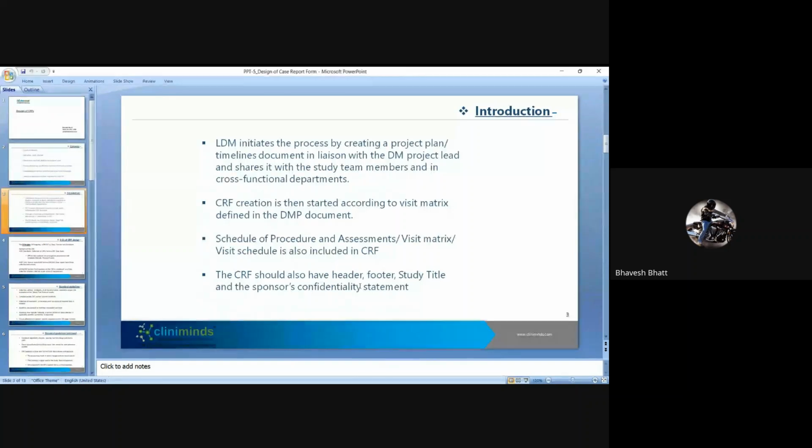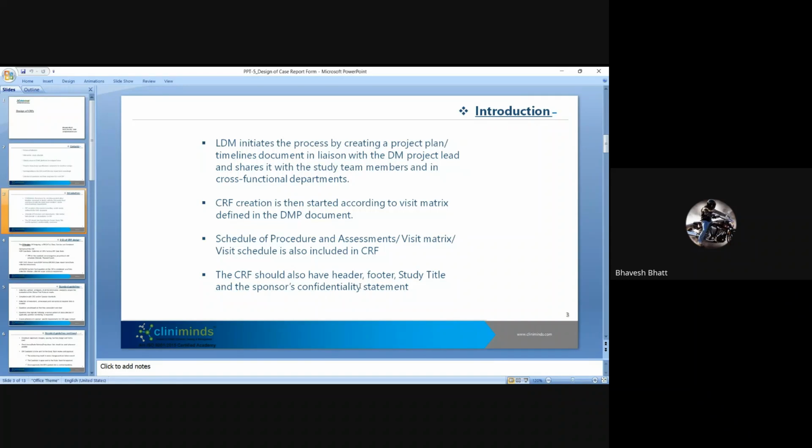Those are our cross-functional departments. So we are not just discussing it with the study team members, but also with the cross-functional departments, because we want to have their involvement in the process of CRF design. At various levels, we are going to be having requirements from different team members who would certainly want to contribute, and we would need their help in doing this.